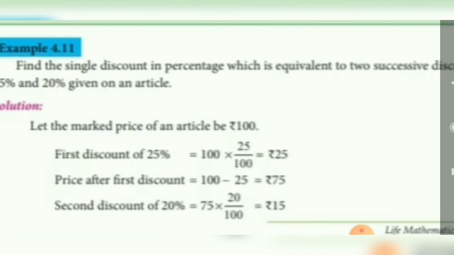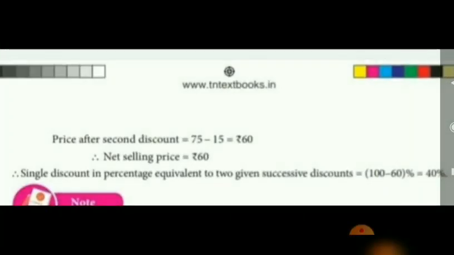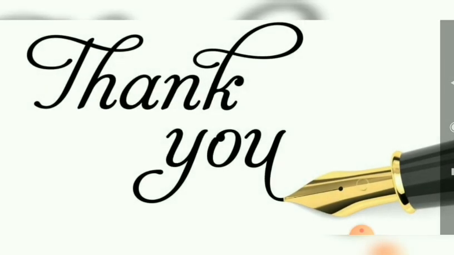Now subtract: 100 minus 25 is 75. Now the discount is 20 percent, so 75 into 20 by 100 is 15 rupees discount. So the price after the second discount is 75 minus 15, equal to 60 rupees.